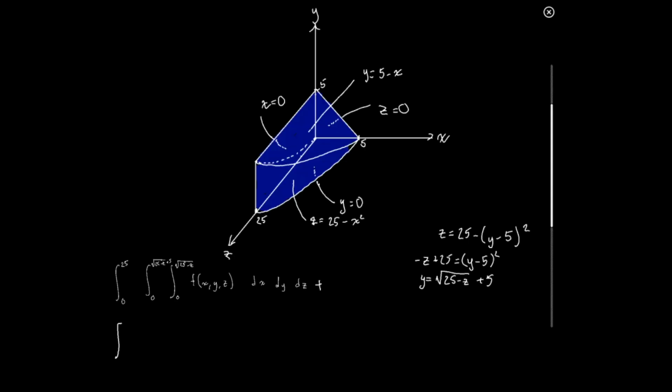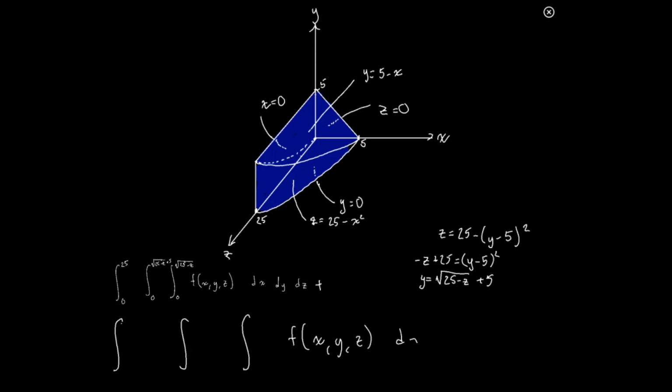We have the triple integral of f(x, y, z) dx dy dz, and still 0 to 25, but this time this line is our lower bound for y, because we went along the z-axis, right?